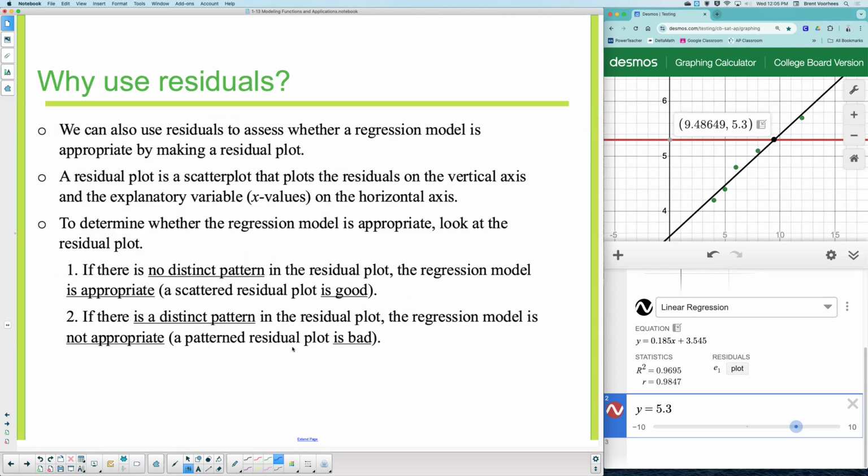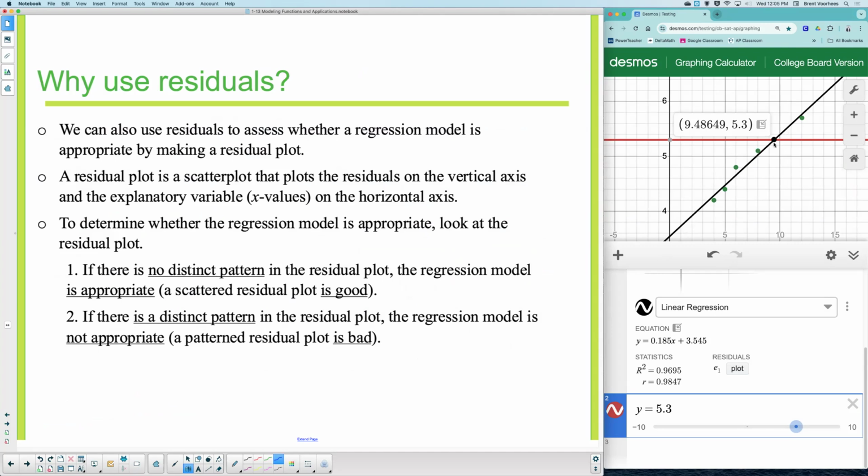Now with that, let me talk about why we use them. When you use residuals, you can tell, number one, if the plot is good or bad, like a regression. You can tell if your regression is good or bad using the residuals. If there's no distinct pattern, it is a good residual. I'll say that again. This seems backwards. If the residual has no distinct pattern, it's a good fit.